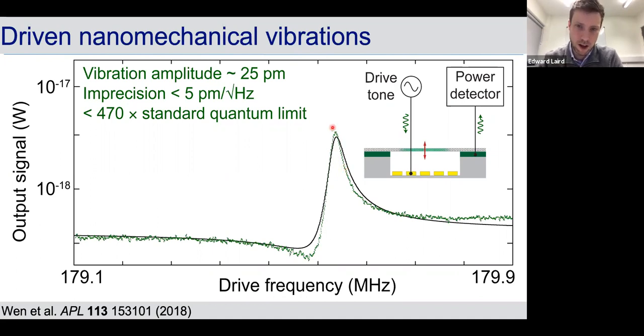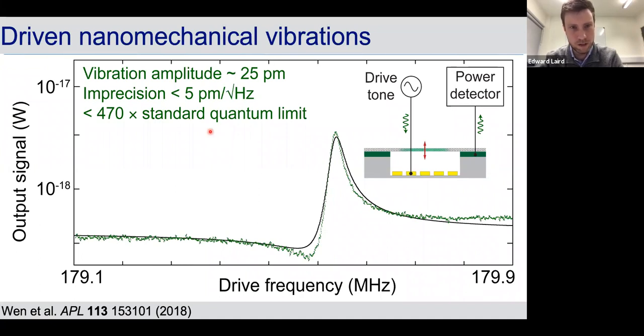And by comparing the height of the signal here to the noise in the background, we can also calculate what our imprecision is in measuring the displacement. And there is a good deal of uncertainty here because we don't know precisely the mass of the nanotube, and we don't know precisely its length, but we can estimate that our imprecision is certainly not worse than 5 picometers per square root of hertz, which is not too far away from the best that you can do, the standard quantum limit, the best that quantum mechanics allows for a continuous measurement.